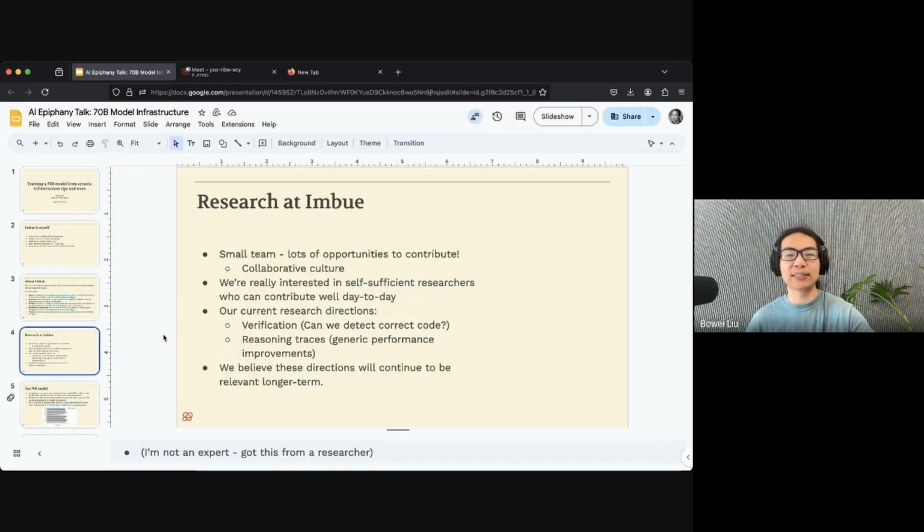So I do want to say, I asked a researcher to give me the pitch on this just yesterday. One of the reasons why the researchers here are really happy is it's a small team. There's lots of opportunities to contribute, and a lot of opportunities to discuss ideas amongst the team.